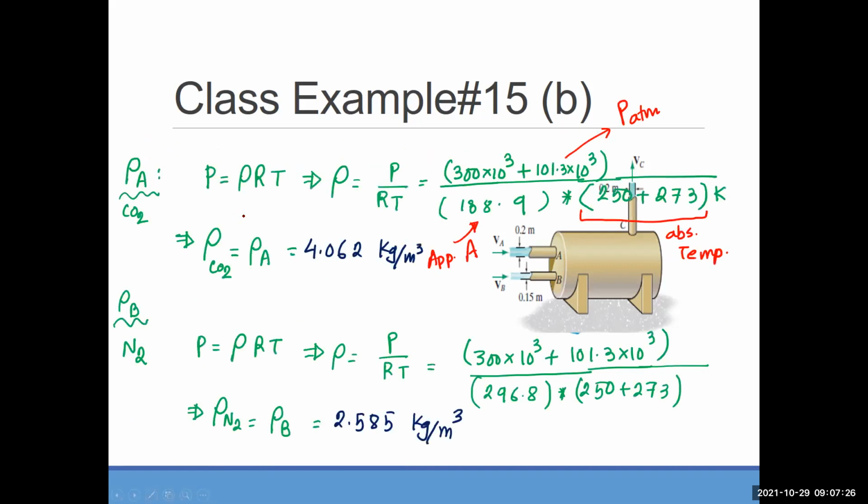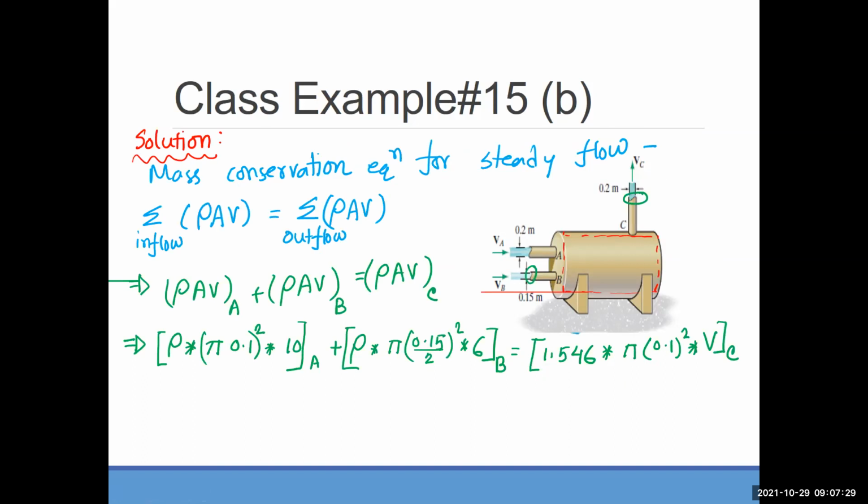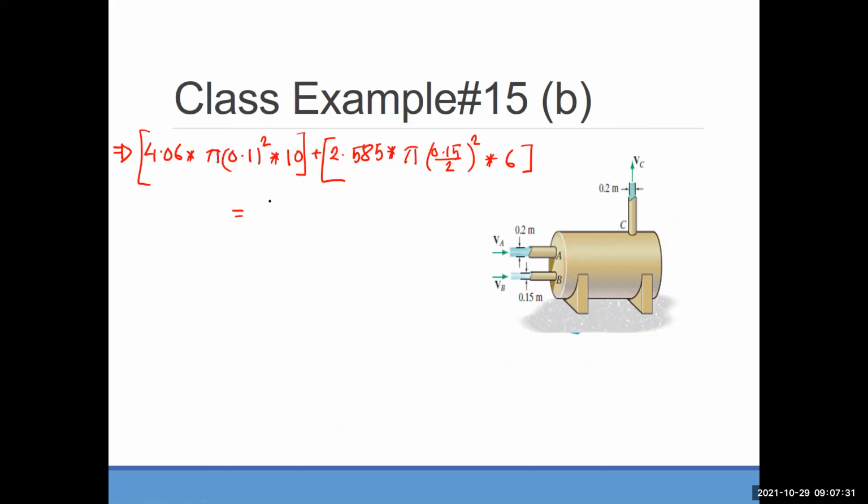Equals 1.456, is that the correct number? 546 pi 0.1 square VC.